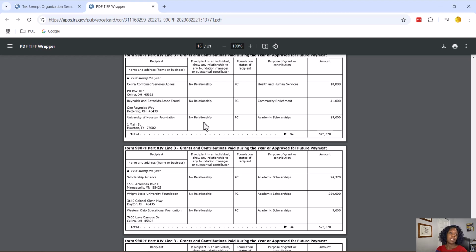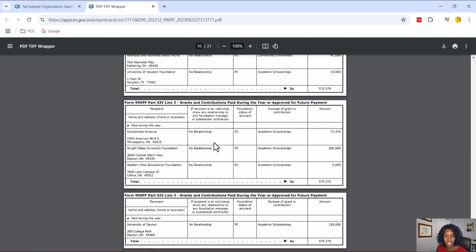So again, if you are applying for the Reynolds and Reynolds grant and your nonprofit is for helping cats, we'll just say sick cats, homeless cats or whatnot, and you're based in, let's say, Alabama, again, you want to look at this and think, oh, is this the best grant for me? They mostly fund organizations in Ohio for academic purposes to educational centers.